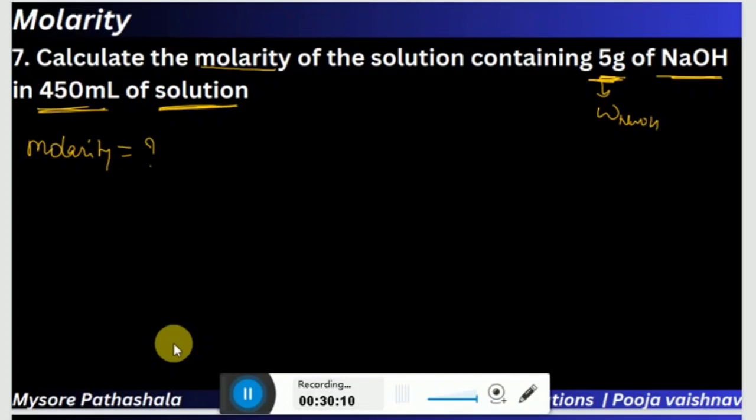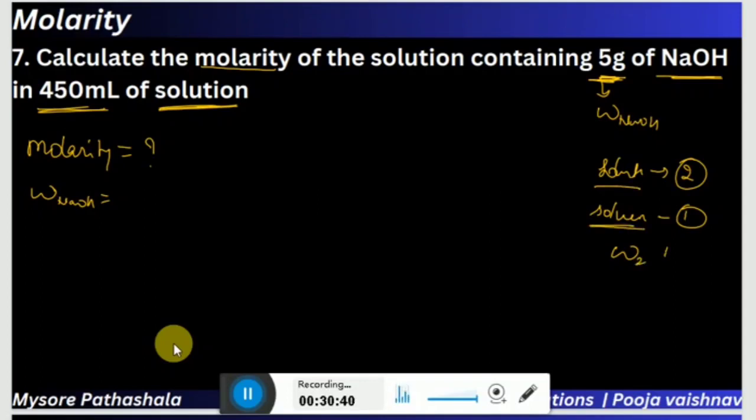Correct. So the mass they have given, weight of NaOH. Generally, as I told, whenever solute comes, we indicate it by 2 and solvent by 1. If it is a mass of solute, it is W2, and if it is a mass of solvent, it is W1. So do remember that.